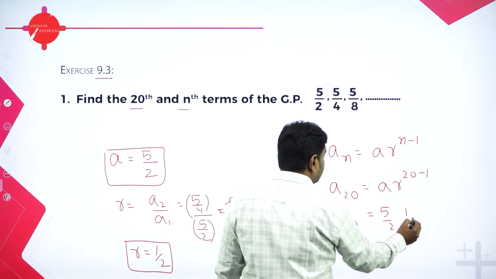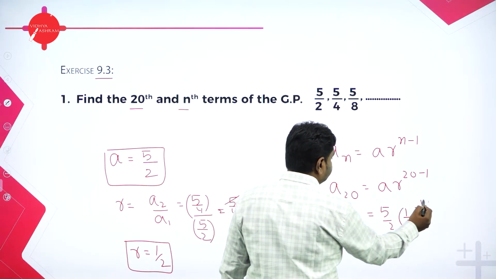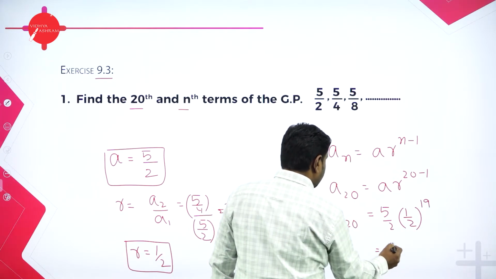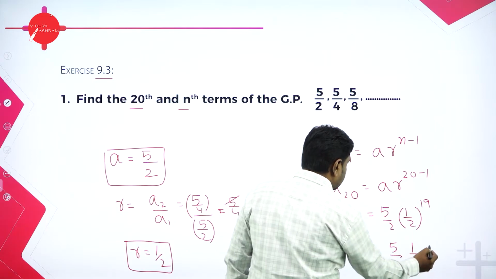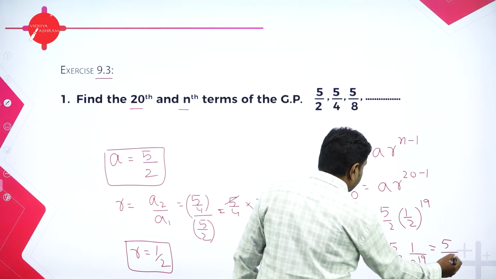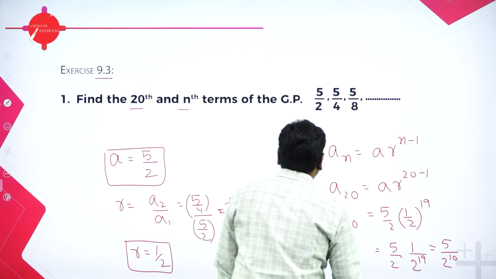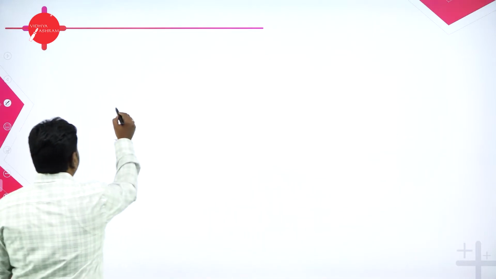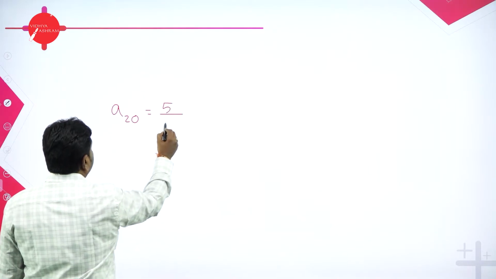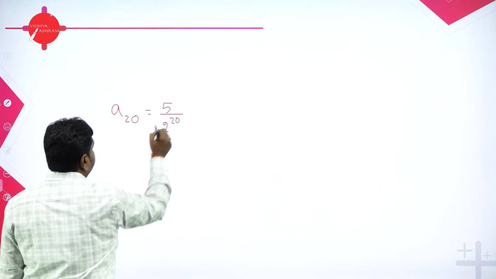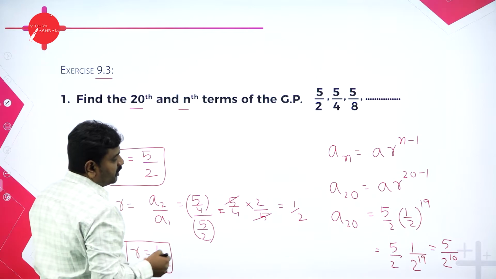R is what? 1 by 2, 1 by 2 power 19. Now you know 1 power anything is 1, so 1 by 2 power 19. That is 5 ones are 5 by 2 power 20. So they want the 20th term. So you got the 20th term A20. What is A20? 5 by 2 power 20.